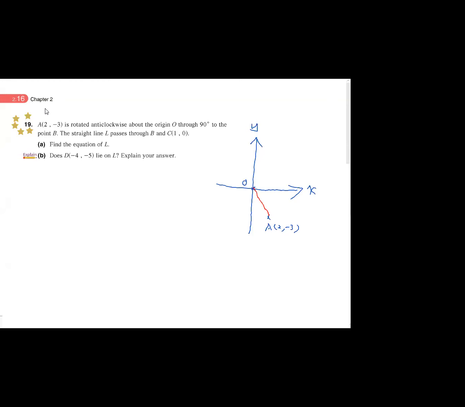Okay, the point A, draw another straight line towards the x-axis, the other straight line towards the y-axis.